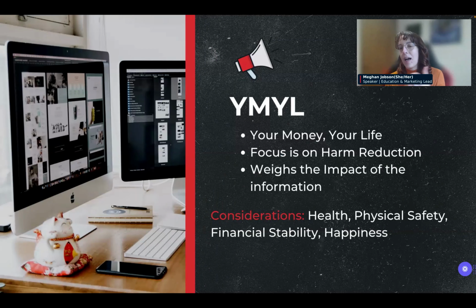So the considerations are health, physical safety, financial stability, happiness, general quality of life, contentedness. So if we think about it like evacuation routes during wildfire season, that's hugely, hugely important to have access to that information. So that information is going to be prioritized and weighted more heavily.